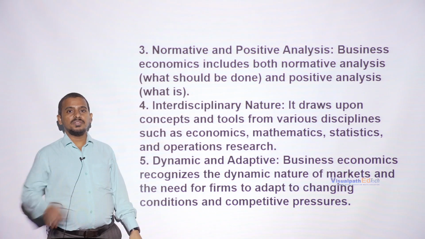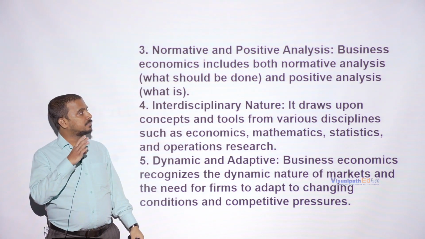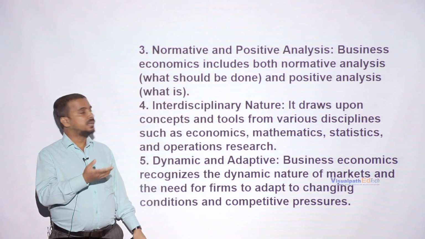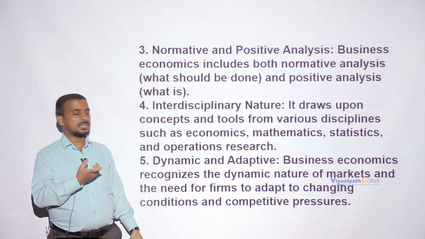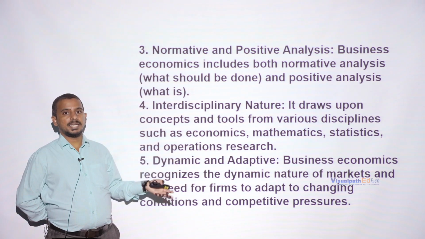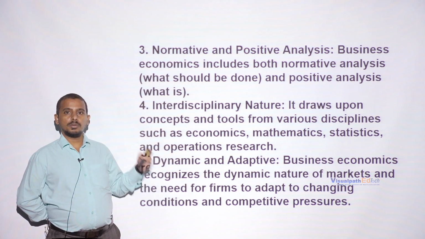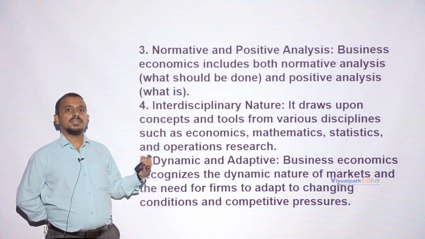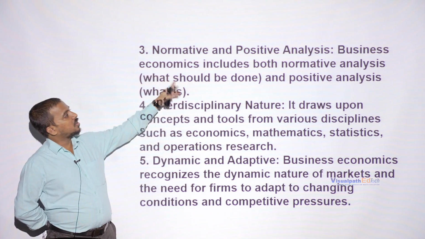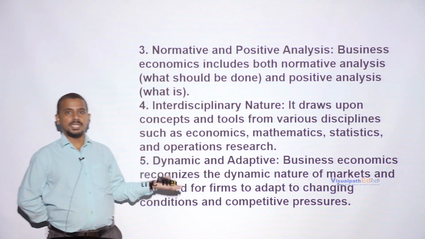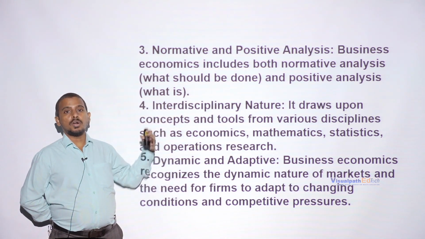But if we analyze the causes of poverty and we want to give a judgment, an opinion, that what should be the rate actually, it should be below 5% or it should be 0% poverty, everyone should be above the poverty line. If you are giving a judgment like this, then we call it normative analysis, because we are saying what should be done rather than what it is.